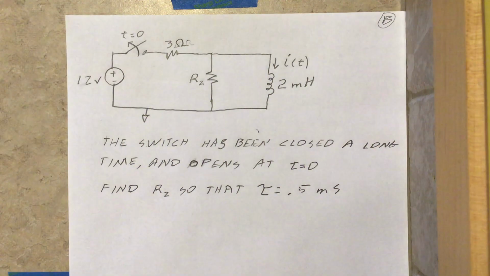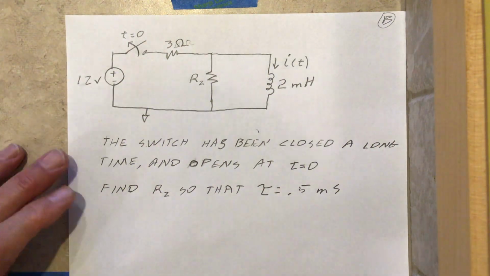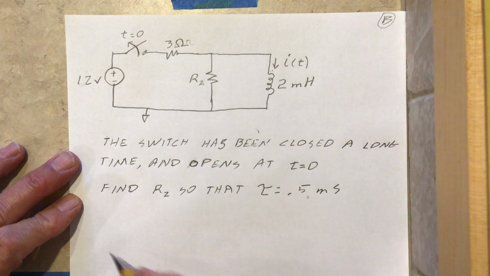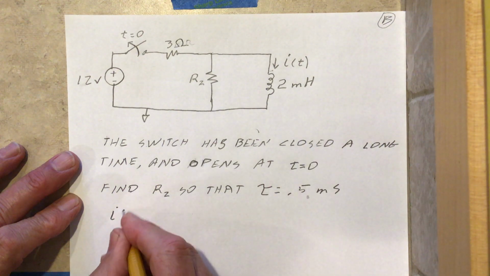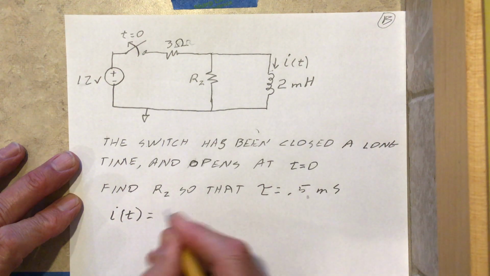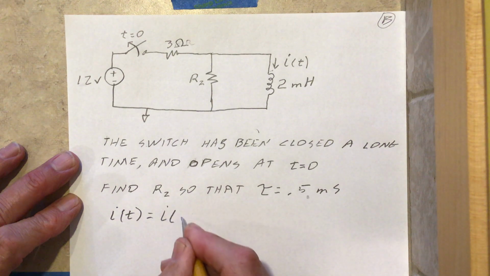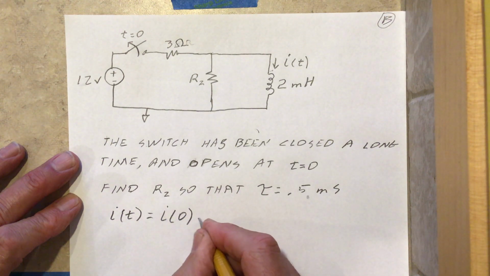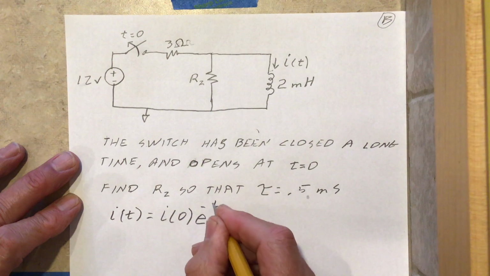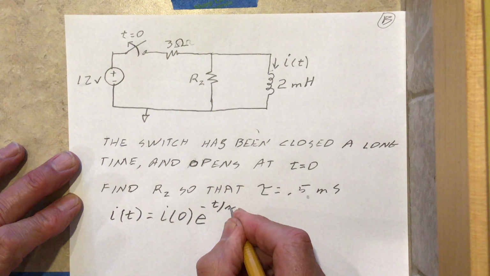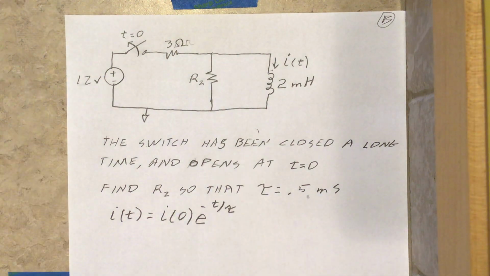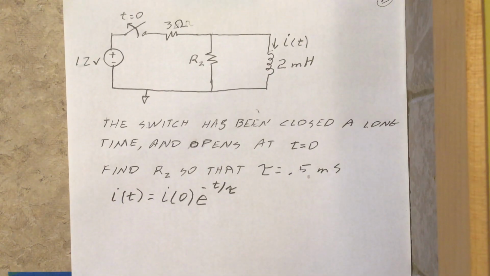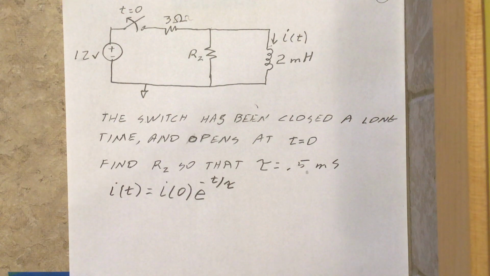So we're assuming it is going to be source free after it opens. So our current should be of the form I sub 0 e to the minus t over tau. And this comes right out of chapter 7 in your book, so you can read the derivation. I'm not going to give you that now. You're welcome.